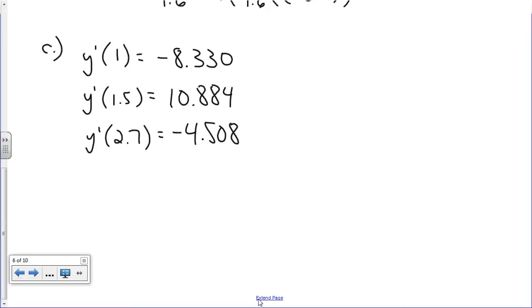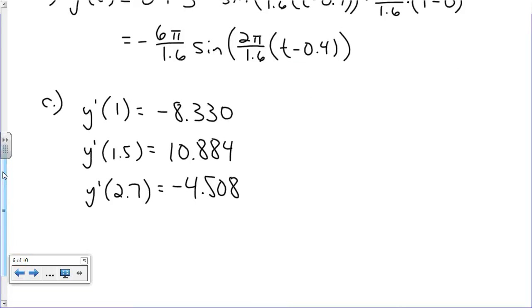All right. Now we should also indicate units here for these values. So going back to what they used for units, in measuring y they said it was measured in feet from the ceiling, and our time, t, was measured in seconds. So all 3 of these are measured in feet per second.